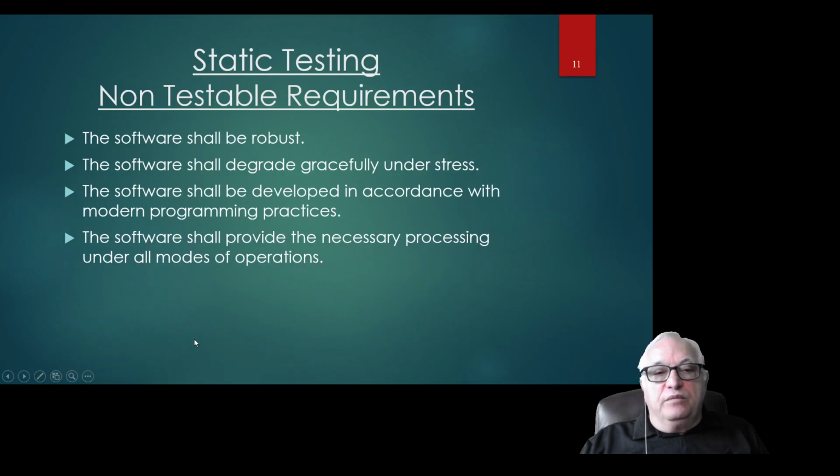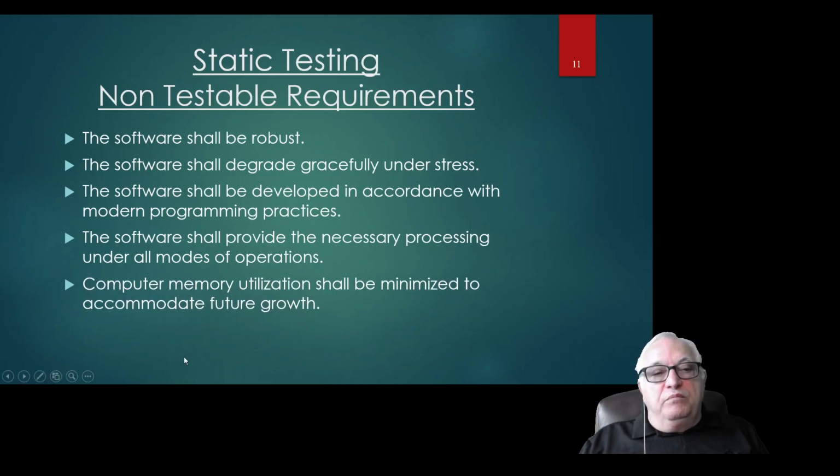The software shall provide the necessary processing under all modes of operation. What can I say? The computer memory utilization shall be minimized to accommodate future growth. For example, you could say, when everything is done and the program is completed, it should only use 30% of the memory, and 70% of the memory should not be used, allocated for future growth.